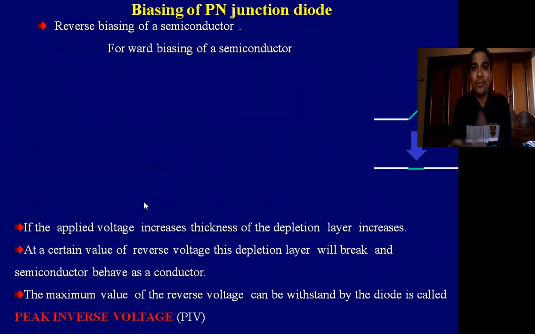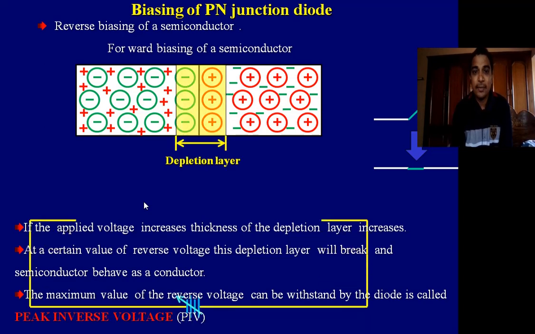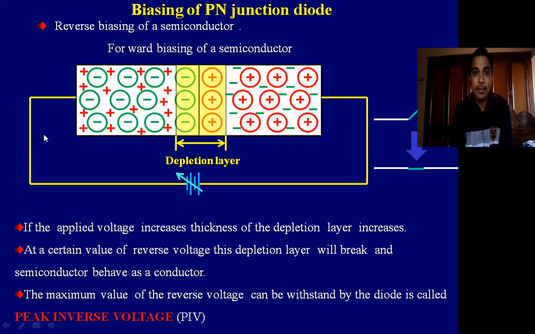Next, what is reverse biasing? Reverse biasing means the P side is connected to the negative source, and the N side is connected to the positive source. So what happens here, this positive source will attract the electrons, the negative charge carriers.